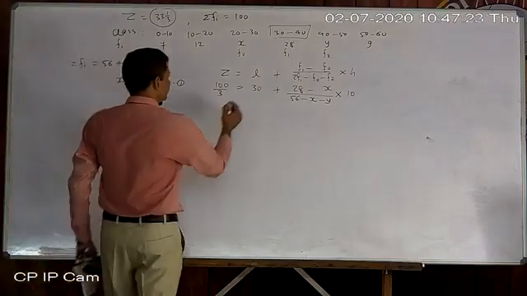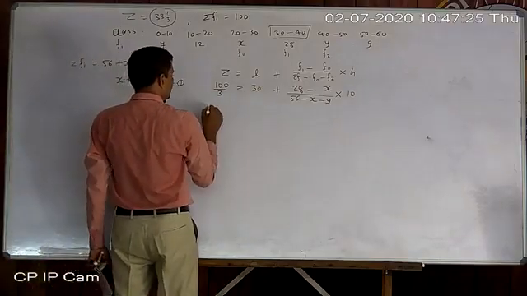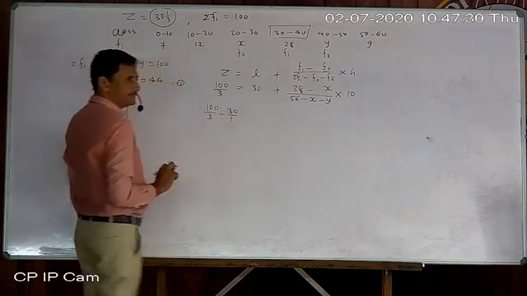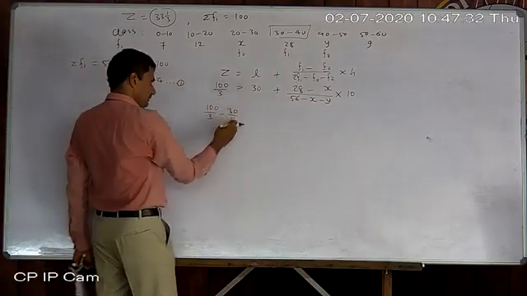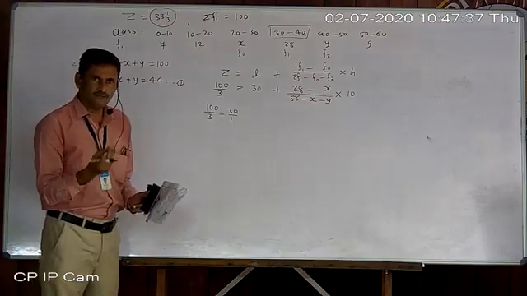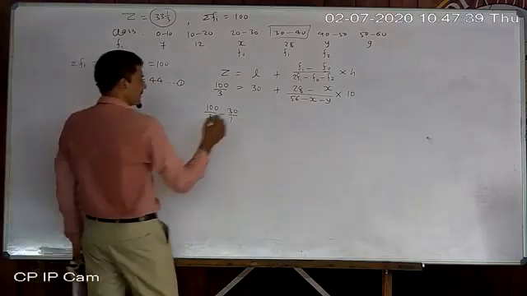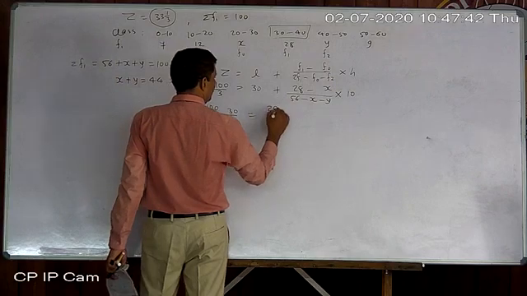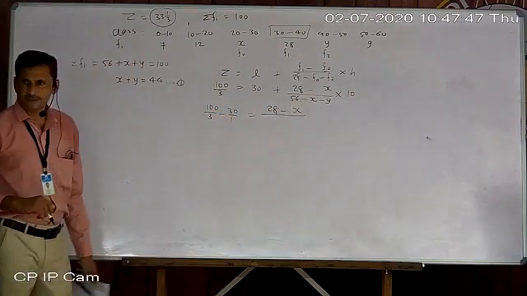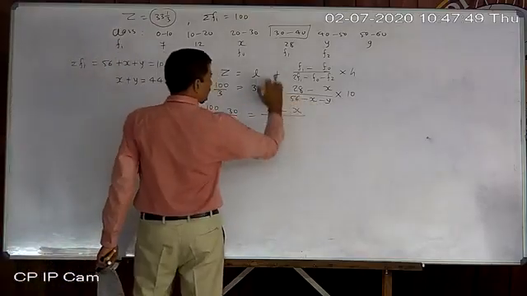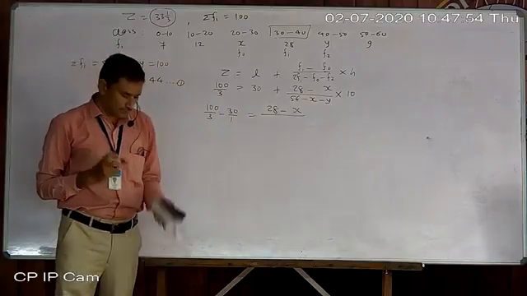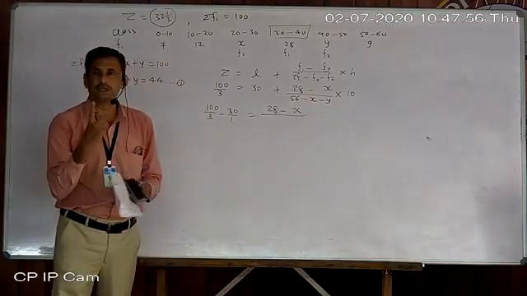Now just set it here, so it becomes 100 upon 3 minus 30 upon 1. If 1 is a denominator, then convert another one also into fraction form by placing 1 as a denominator. Now whatever left here, 28 minus x. Now you can observe here, there are two missing frequencies, x and y. So in one equation, two unknowns are there. We cannot find two unknowns from a single equation.